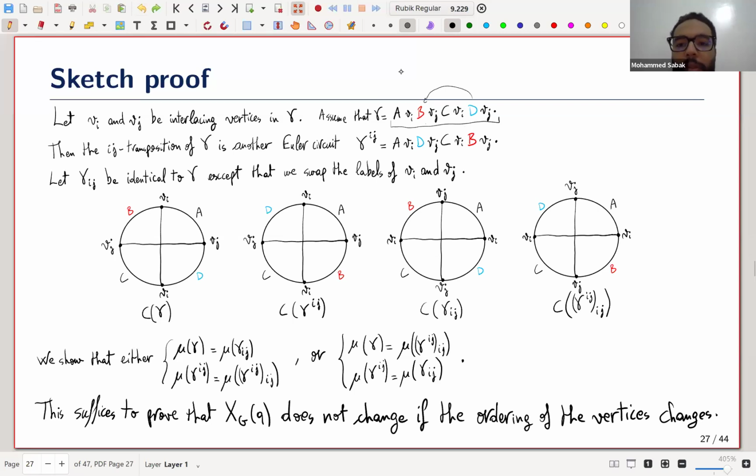We will get the transposition on the pair Vi Vg, which is denoted like this. Basically we are just moving this portion and this one, keeping A in its place, keeping C in its place.